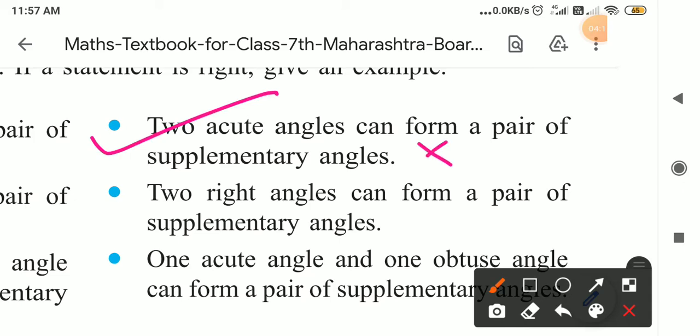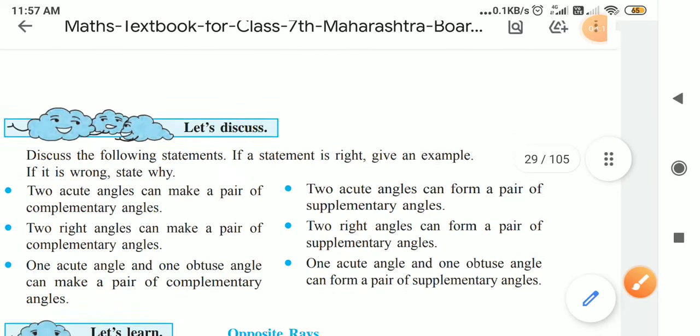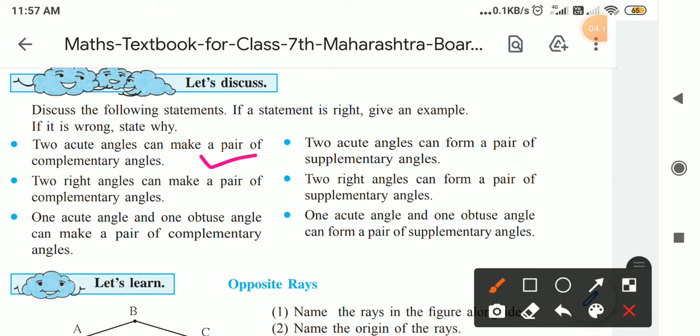So this statement is wrong and that statement is the correct one. Clear? In this way we have to think about it, discuss it and write it, and choose whether it is right or wrong.